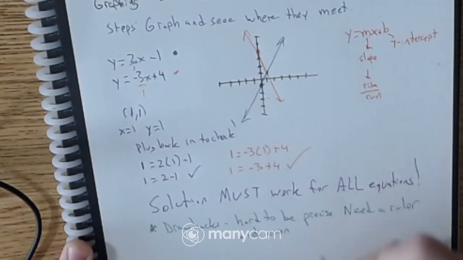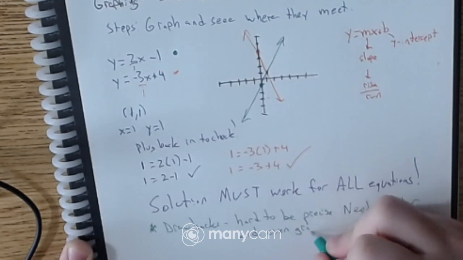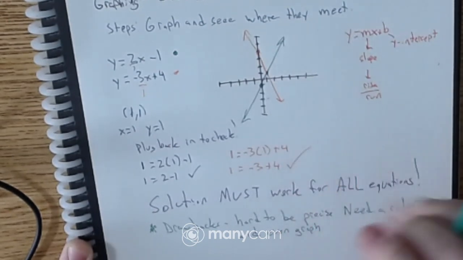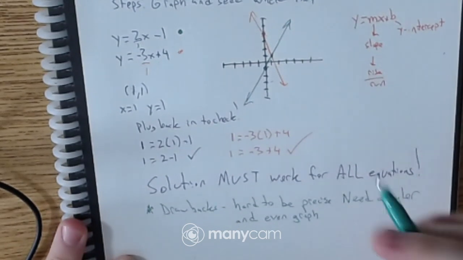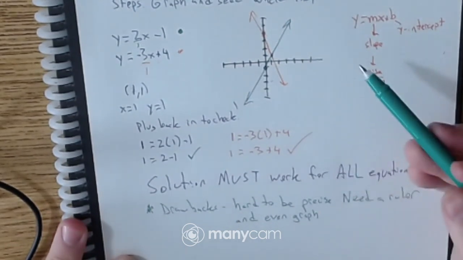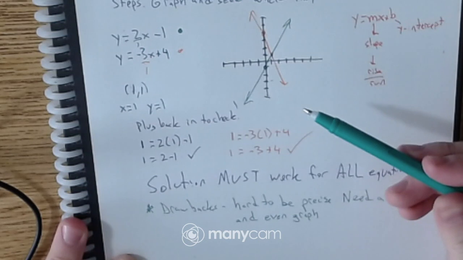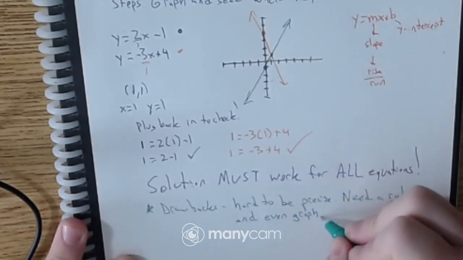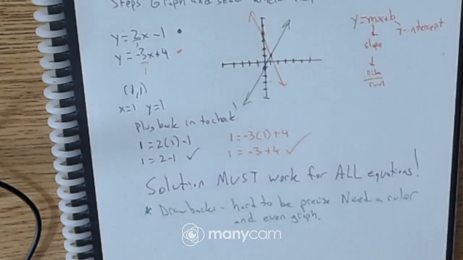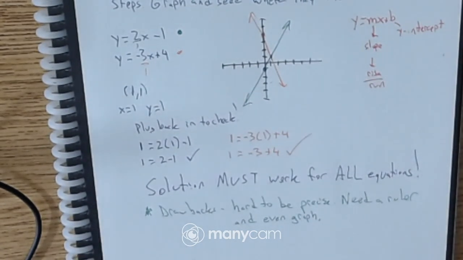Like my graph, those lines are probably not exactly the same distance apart, which means if I would have given you a slightly more complicated graphing problem, it would have been off. Yeah, and that is it.